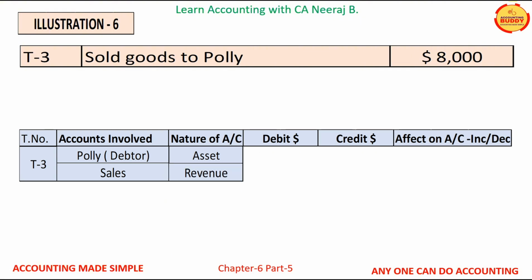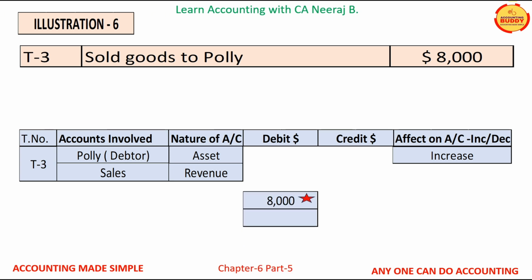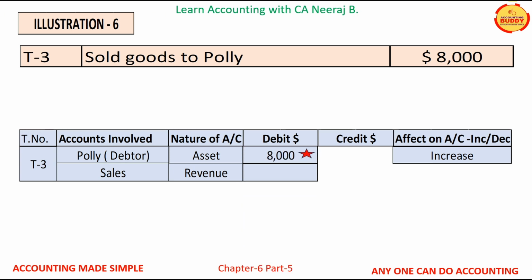In this transaction, asset account is increasing. Therefore, Polly's debtor account will be debited with $8,000. Now, in this transaction, sales is also increasing. As per the revenue account rule, sales will be credited with $8,000.